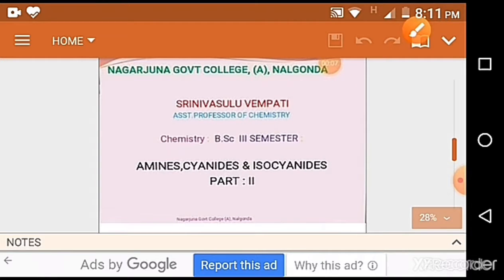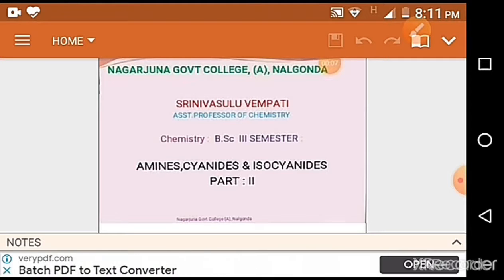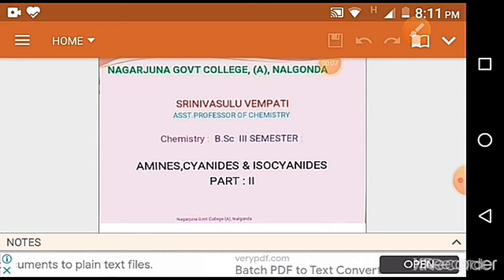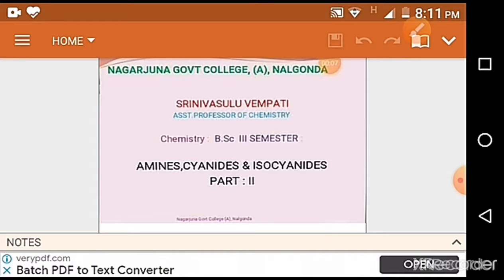Before going to the class, what we have discussed in the previous classes. Once again, we recap fast. What are amines? What is the classification of amines? In what way we name the compounds, IUPAC nomenclature and common naming system. We have discussed this naming system with various types of examples.